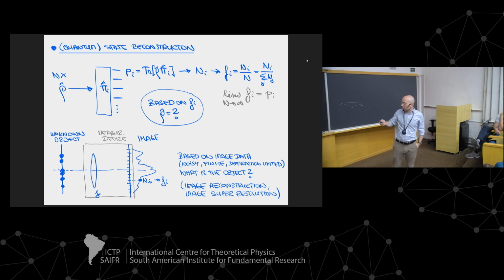And again, at the detector, we have some detection data, occurrences of how many clicks we have in each pixel. We can compute this if we know the state and the description of the measurement device.